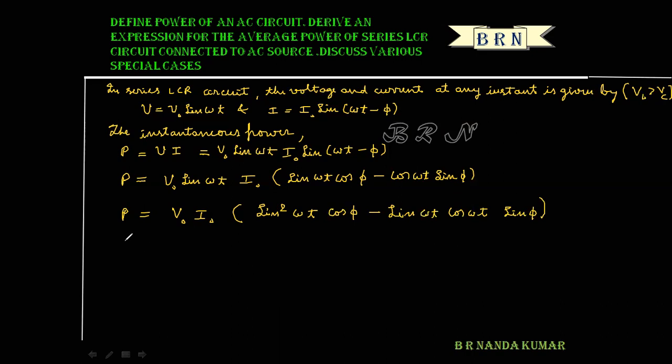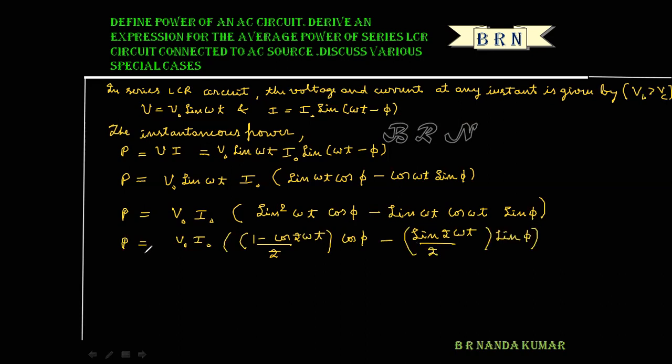So P is equal to V naught I naught sine square omega t, which can be written in the form of 1 minus cos 2 omega t divided by 2 into cos phi, right? And sine omega t cos omega t can be written in the form of sine 2 omega t divided by 2 into sine phi. Okay, right?